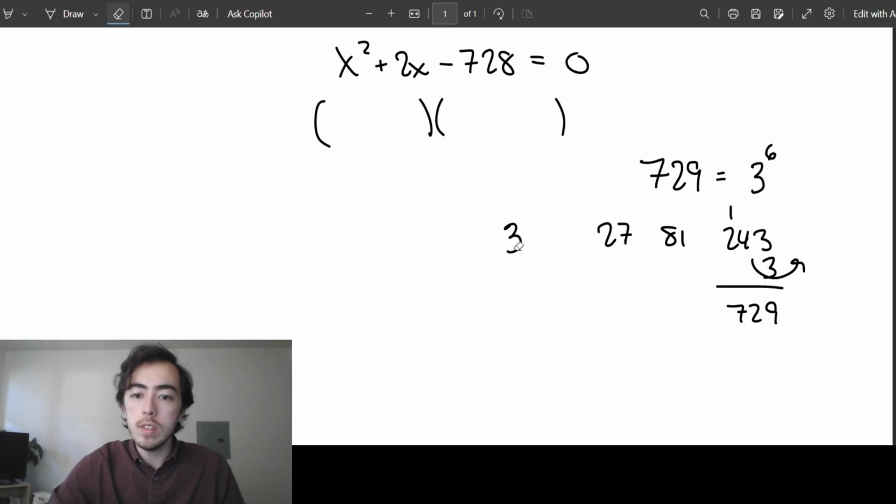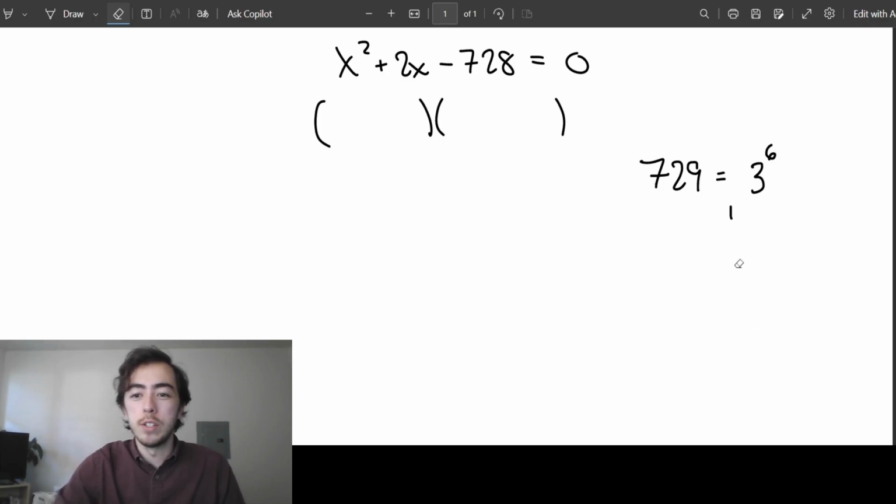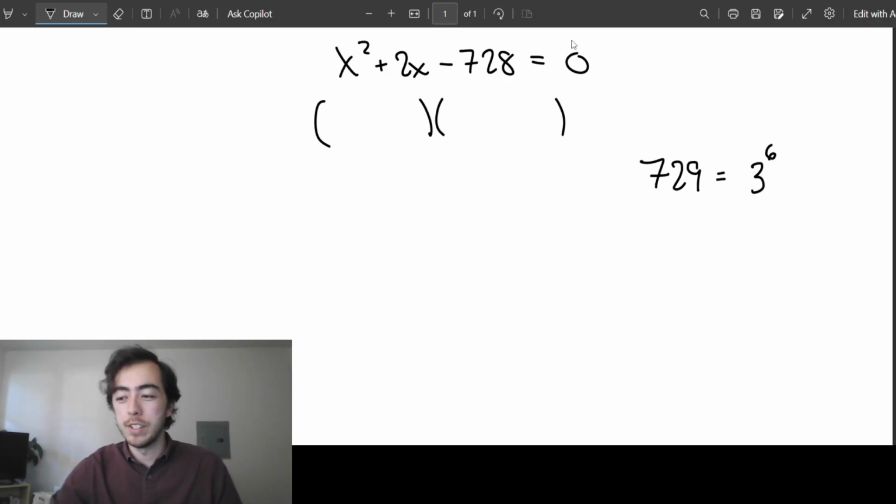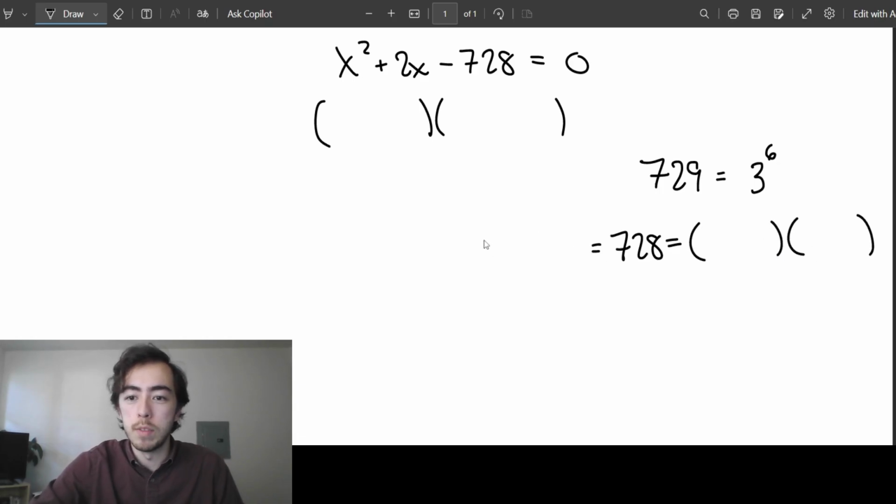Okay, so I did recognize that 728 is real close to 729, and I want to use a factoring strategy with a difference of squares to show that 728 is the same thing as 729 minus 1.